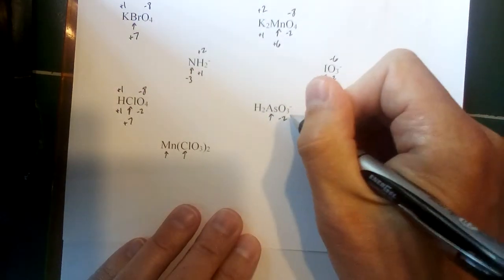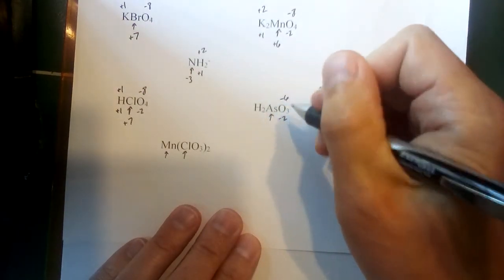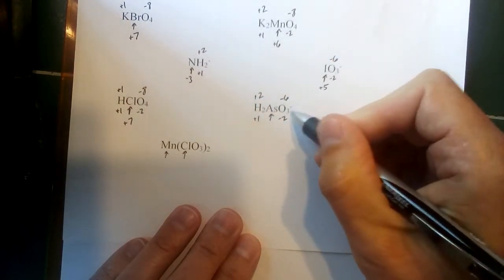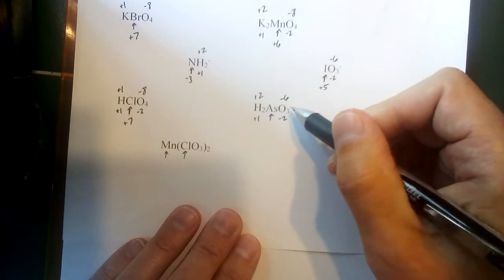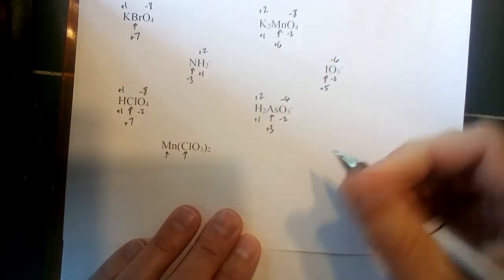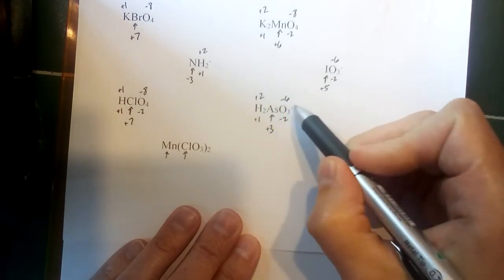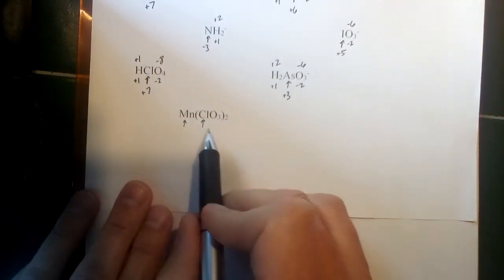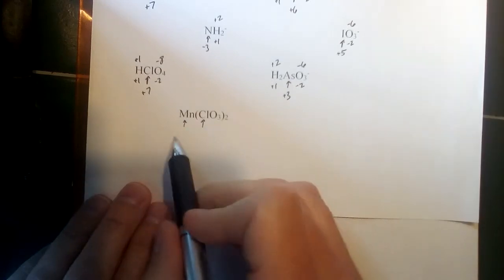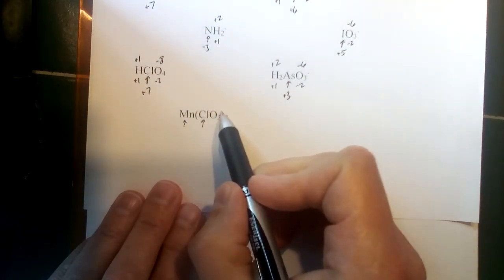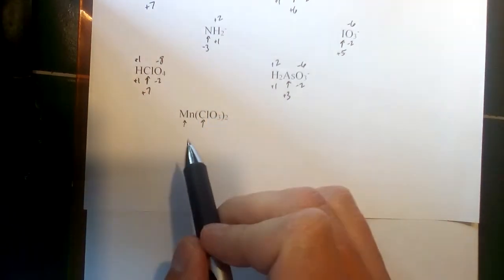H2AsO3, again -2 for oxygen, 3 of them, that's -6. +1 for hydrogen, 2 of them, that's +2. This is an ion with a charge of -1, so that means the arsenic here would have to be +3. So +2 +3 -6 would equal -1. Now, this one is kind of mixed. It's an ionic compound, so manganese we would get from knowing what the charge on this polyatomic ion is. Chlorate's -1.